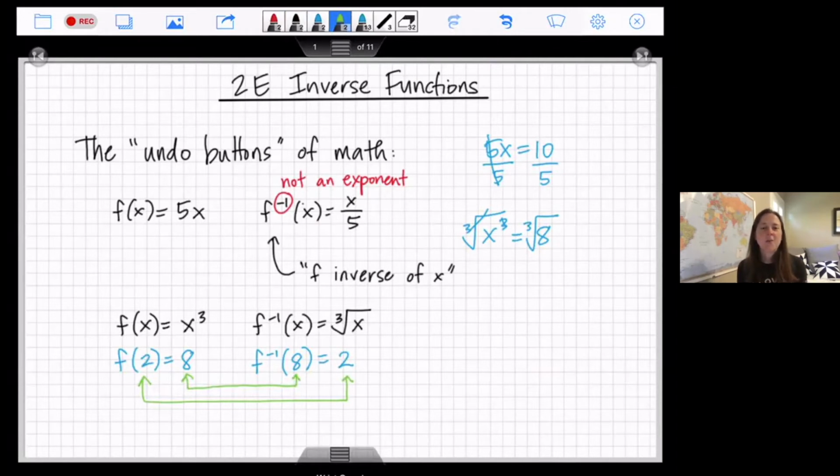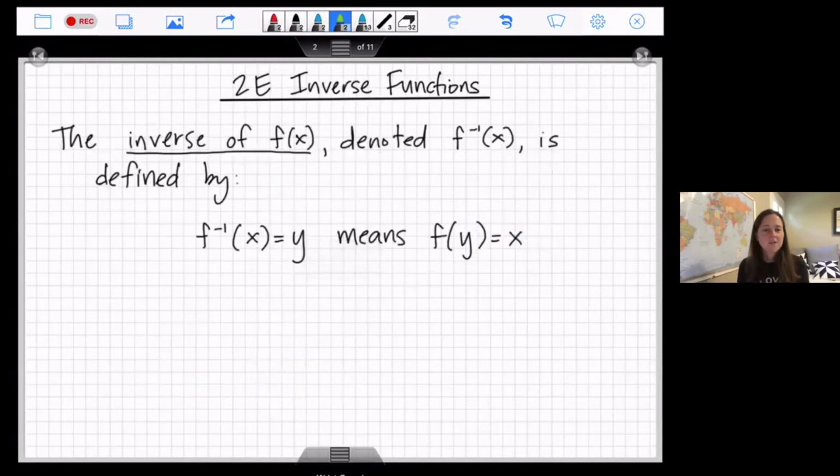And this is actually how we define inverse functions. The inverse of f of x, denoted with that terrible notation, is defined by this: f inverse of x equals y means f of y is equal to x. They swap inputs and outputs. So the input for the inverse is the output for the original function, and the output for the inverse is the input for the original function.